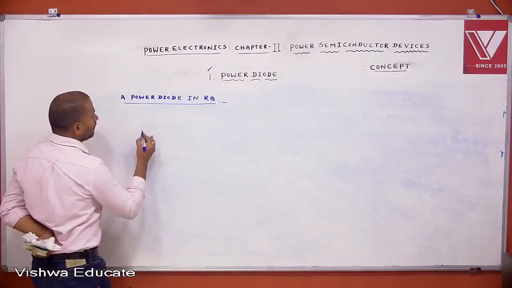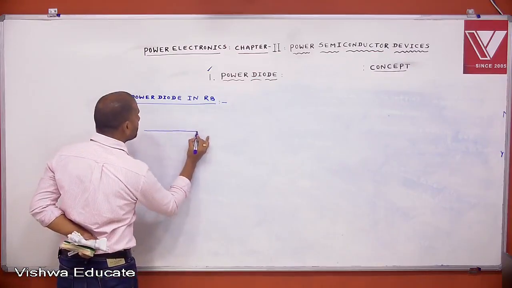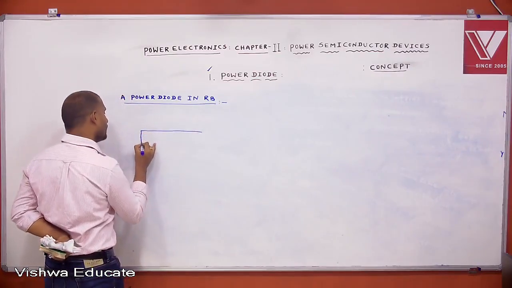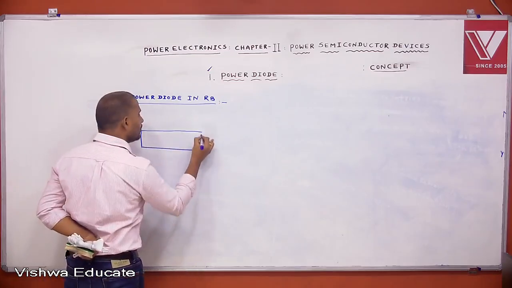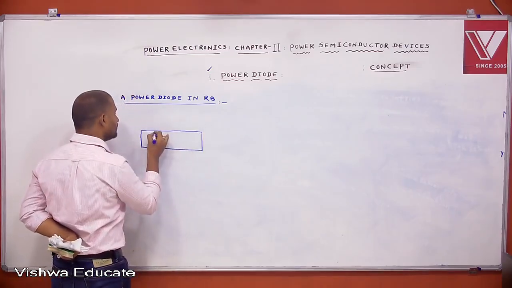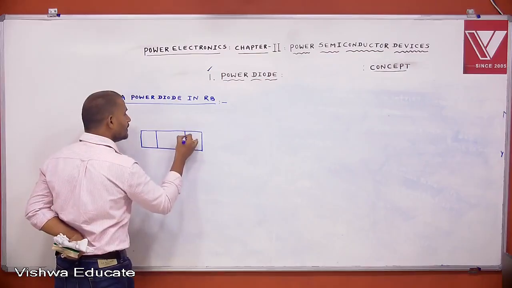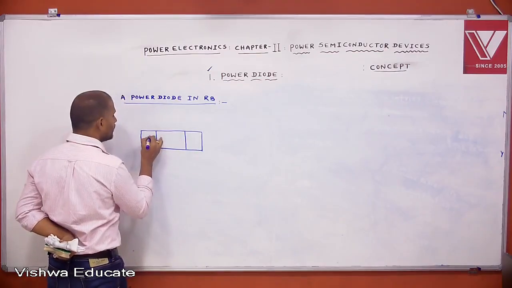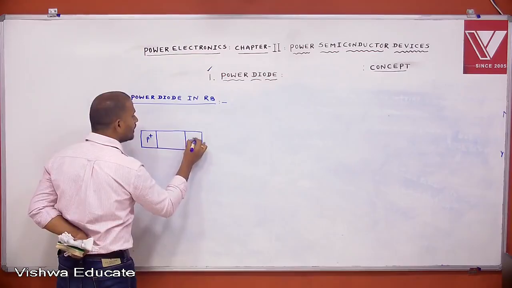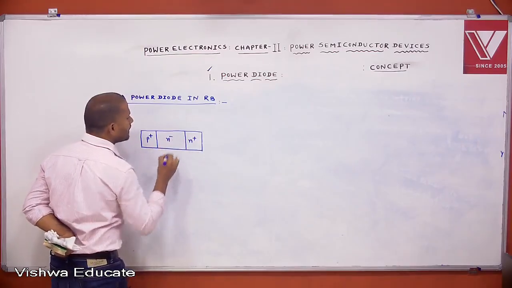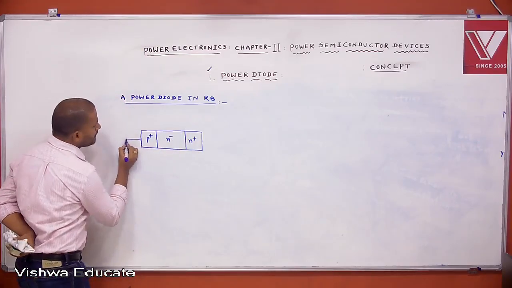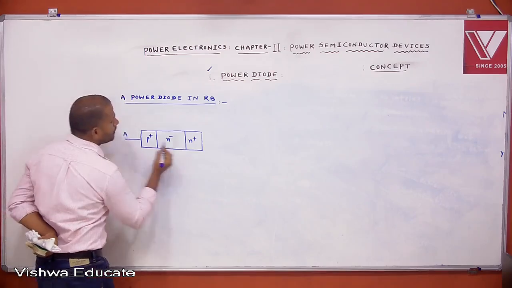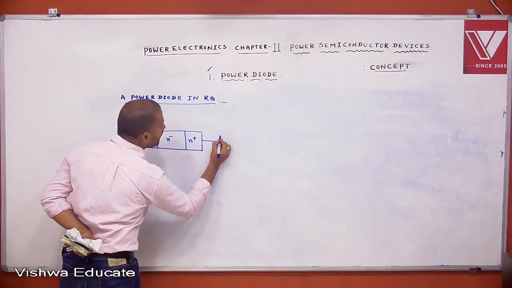Here we have P plus, N plus, and this is N minus. This terminal is the anode and this terminal is the cathode.